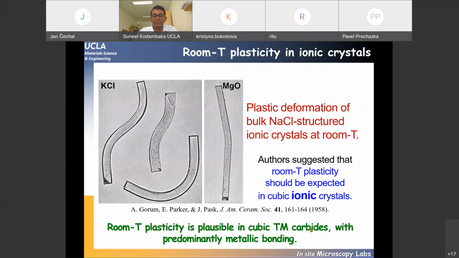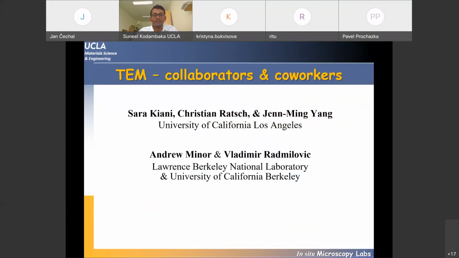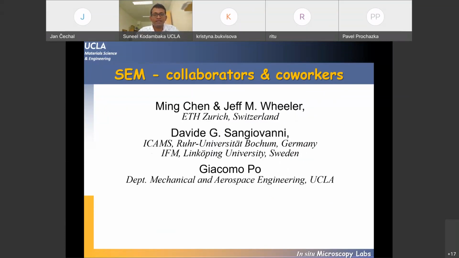And so it's plausible that if ionic crystals of the same crystal structure can show plasticity, then even transition metal carbides may exhibit bulk plasticity. And that's the hope. And I'm glad that I was able to work with a variety of collaborators and co-workers who helped do these experiments in the TEM and also in the SEM.